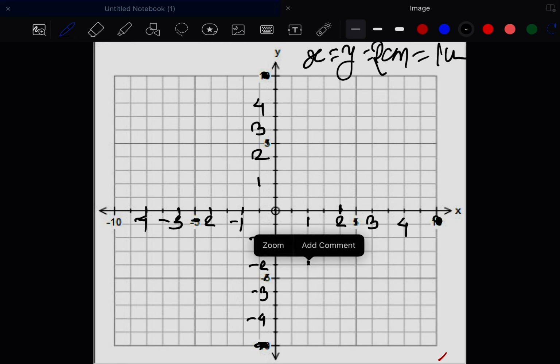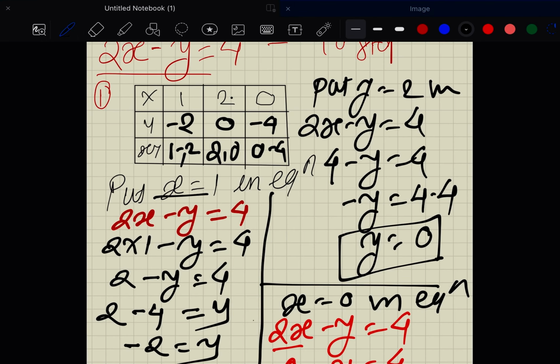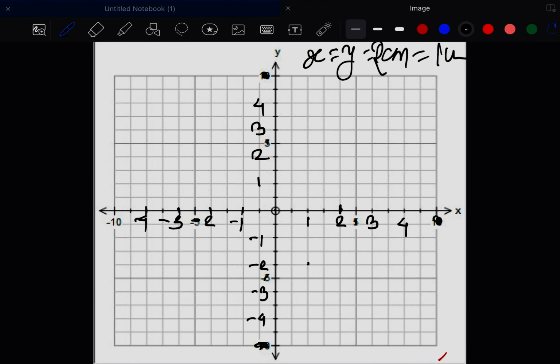First point is here, second point is here. Now let's move to the third point, 0, minus 4. This is 0, and here is minus 4. So this is your last point, 0, minus 4. Now what do we have to do? Let's mention these points.